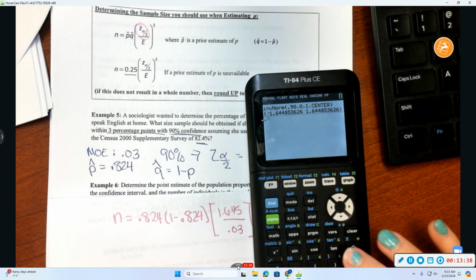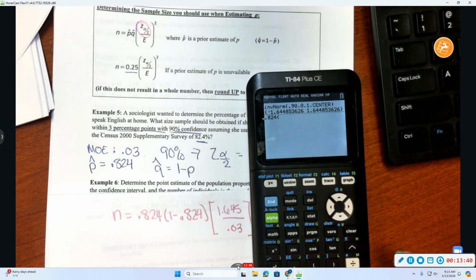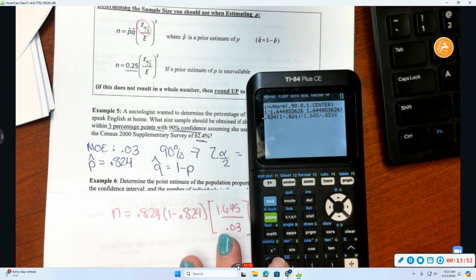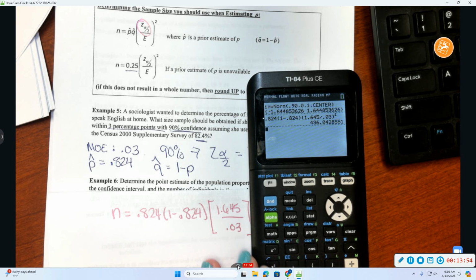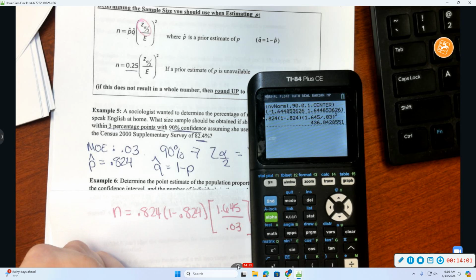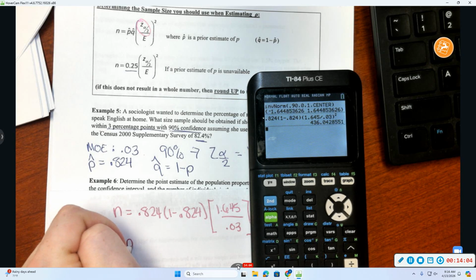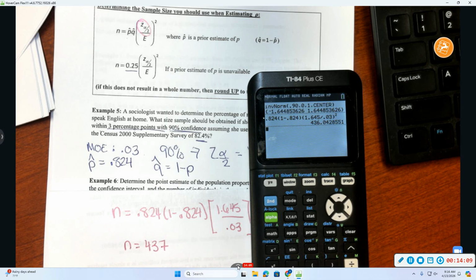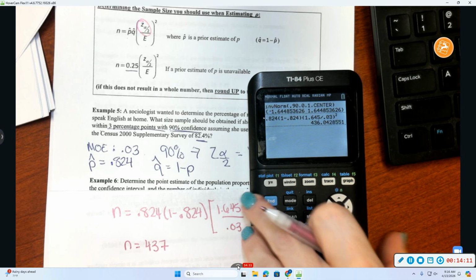Okay, so that gives us a sample size of 437. So N needs to be 437 because we're going to round up to the nearest person.